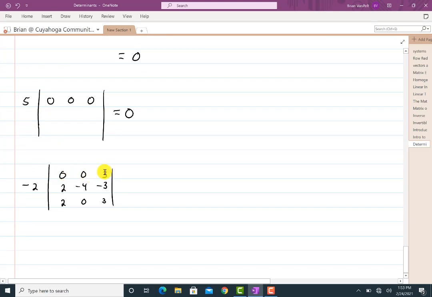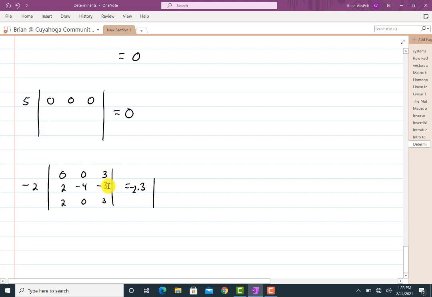So I'm just going to have a 3 times a determinant. And cross out, and it's positive 3, in fact. This is -2 times, it's positive 3 because when you alternate signs, you get a plus for the first, but a minus for the second, and then a plus for the third.